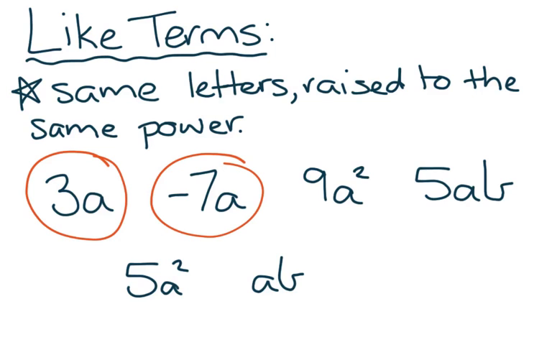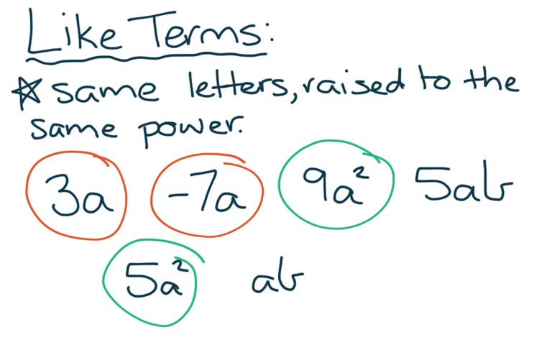So on that, it means that 9a squared and 5a squared are the same because they both have an a that is raised to the power of 2. And then lastly, the other two, 5ab and ab, are like terms because they both have an a and a b that are only raised to a power of 1.